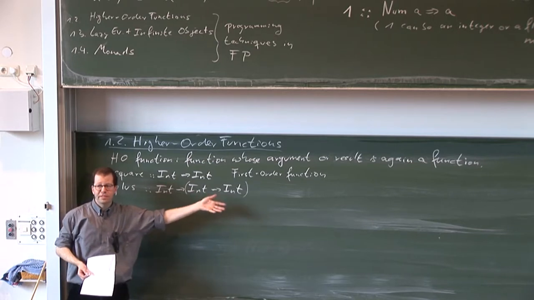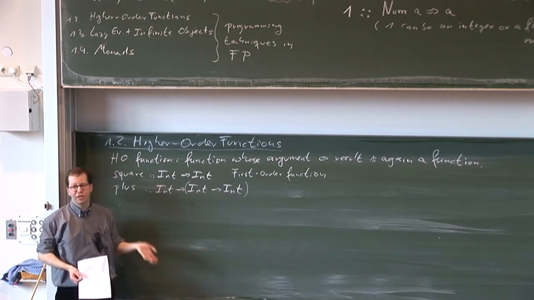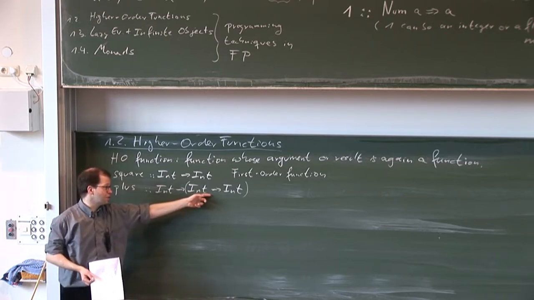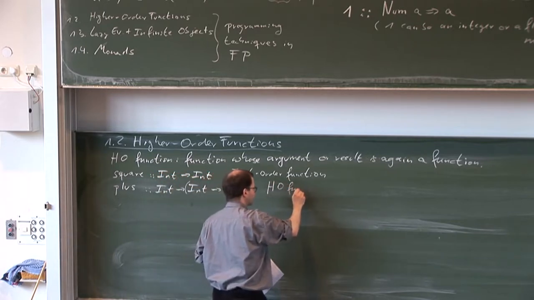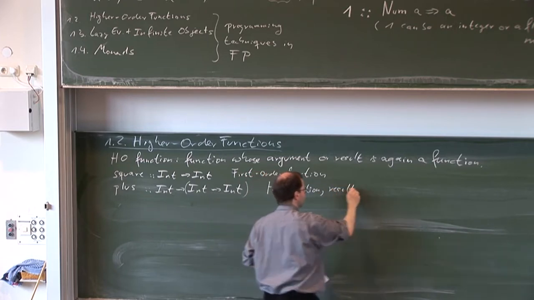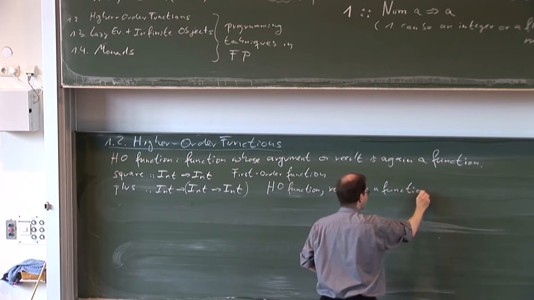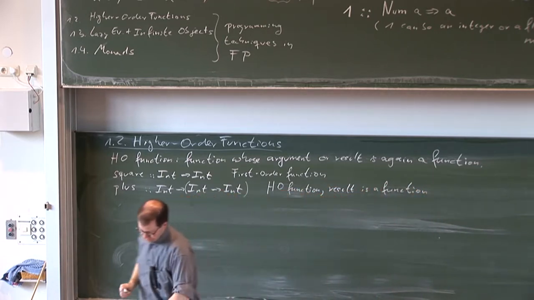As you might remember, plus 2 gives you the function which waits for an integer and then increases this integer by 2. So the result is a function. So this is already a higher order function because the result is indeed a function. The argument is not a function, but the result. So we have already seen higher order functions.